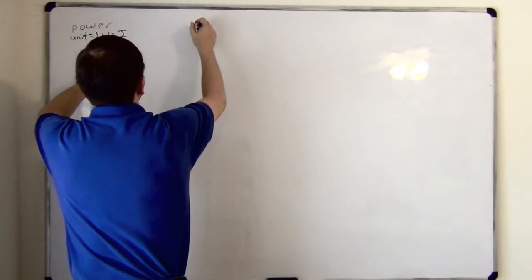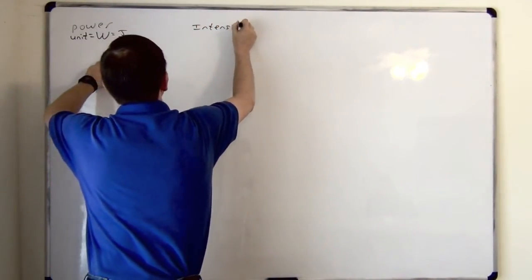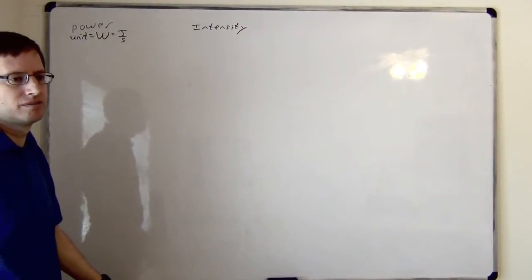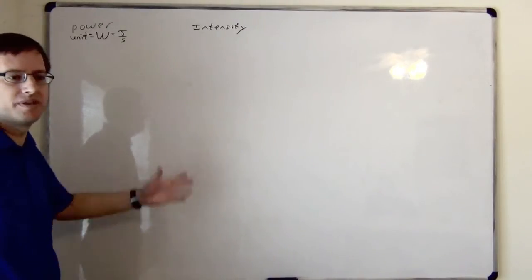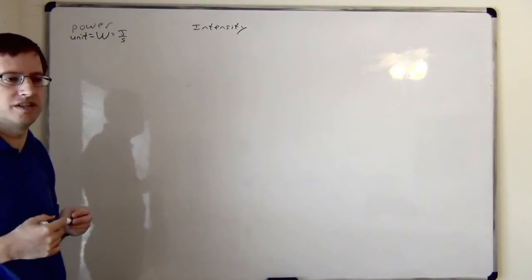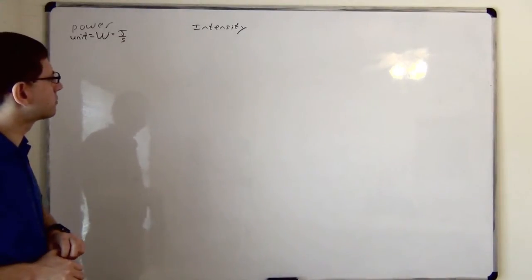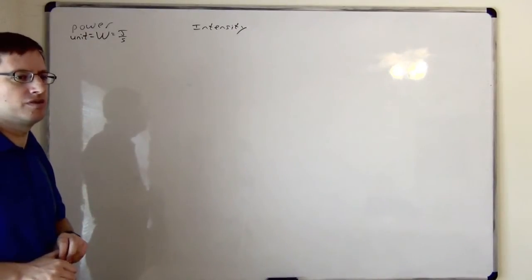And then we moved on to the concept of intensity. What would be the symbol for intensity? I. That's a logical symbol, and the textbook does use that symbol sometimes. However, we're a little uncomfortable with that because we've also used I for current. So there's another symbol they use sometimes instead.